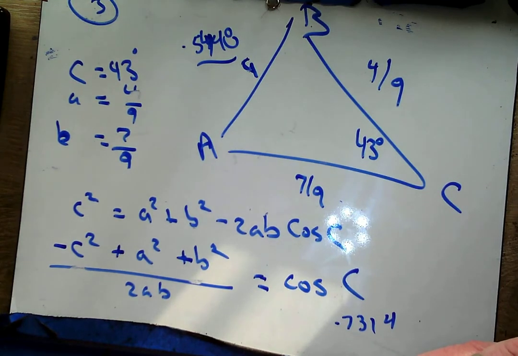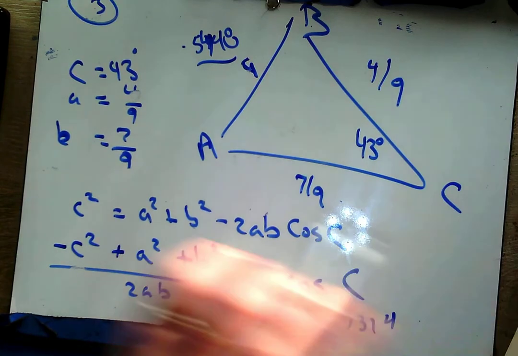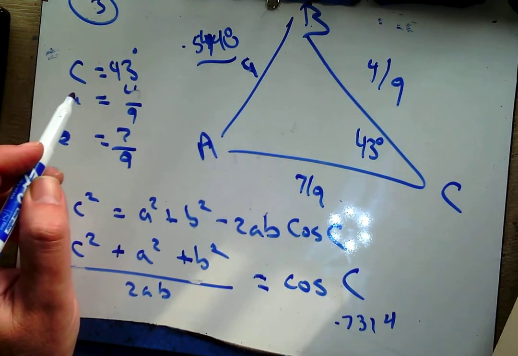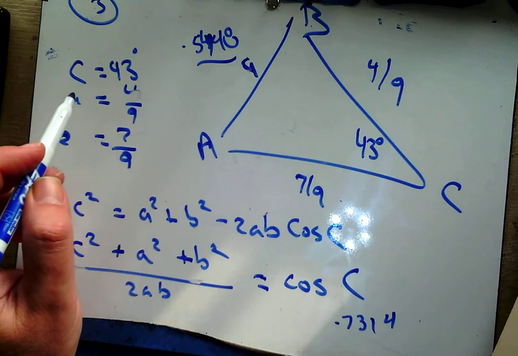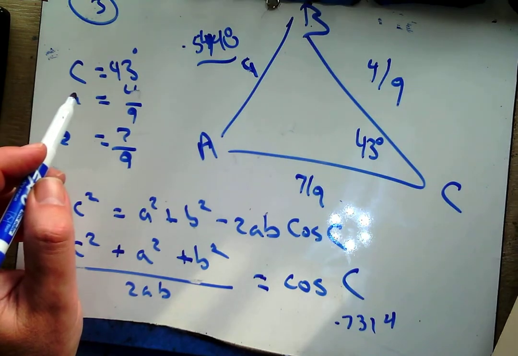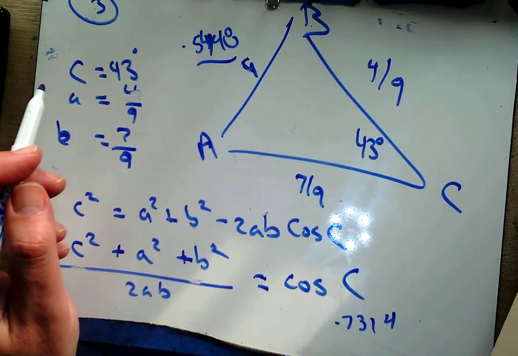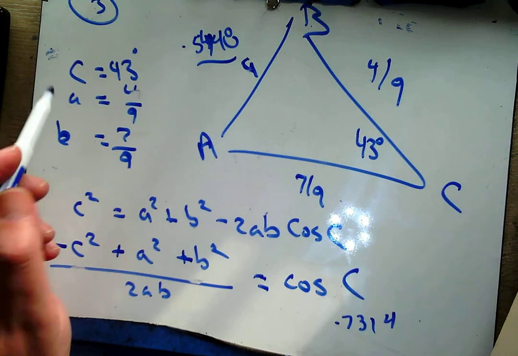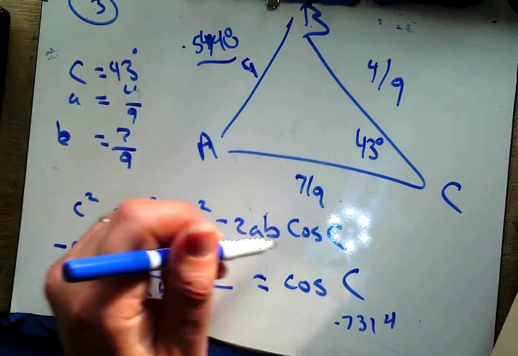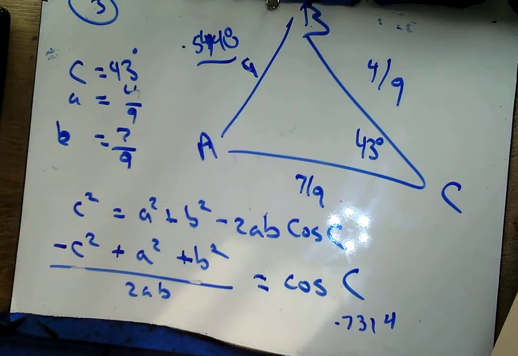You know, it's good to check your work. C squared is A squared plus B squared minus 2AB cosine C. So there's nothing wrong with that.